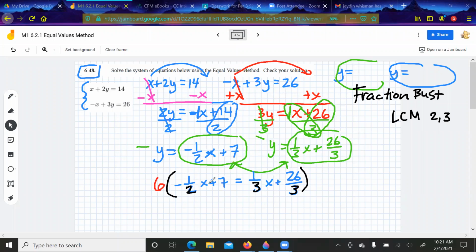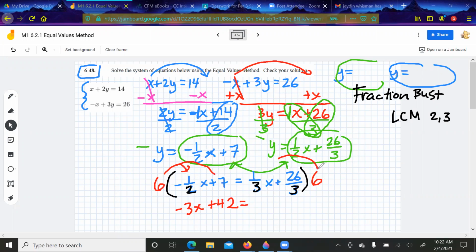So let's multiply the whole thing by 6. When I multiply a half of 6 times negative, that would be -3x, right? Half of 6 is 3, it's negative, and there's an x there. When I multiply 6 times 7, that's easy. It's 42.